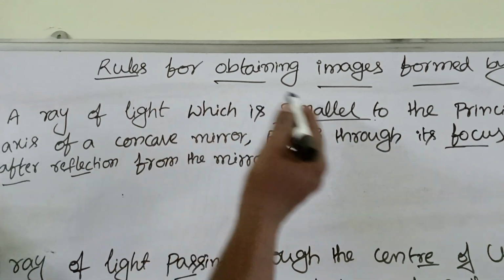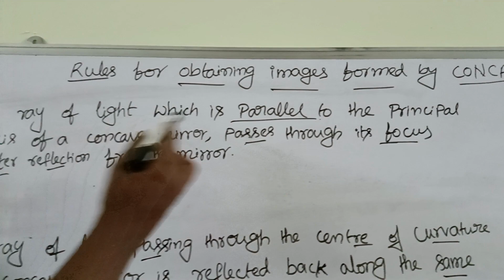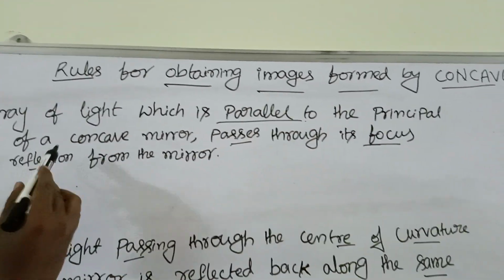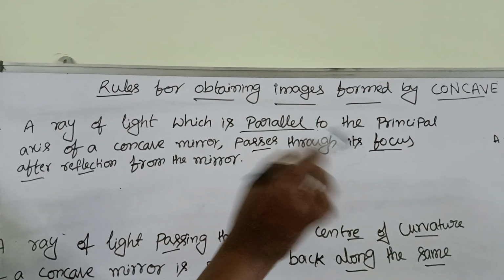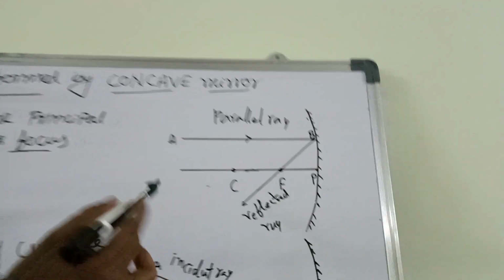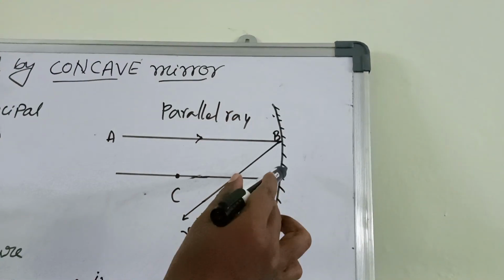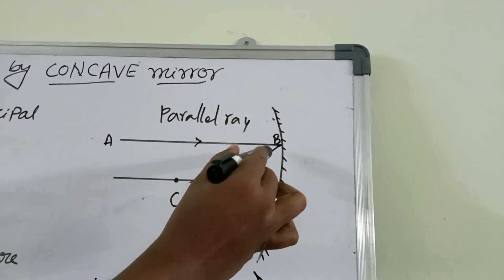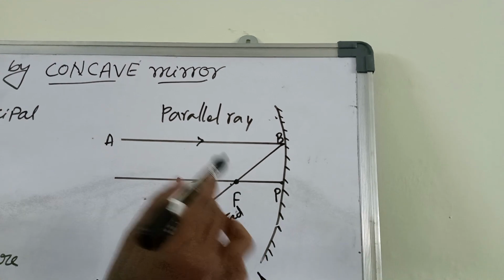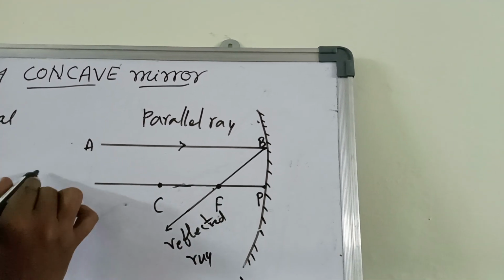So there are rules for obtaining images formed by the concave mirror. Suppose a ray of light which is parallel to the principal axis of the concave mirror passes through the focus after reflection from the mirror. Say this is the parallel ray incident on the concave mirror, and it is reflecting through the focus. This is called the principal axis.